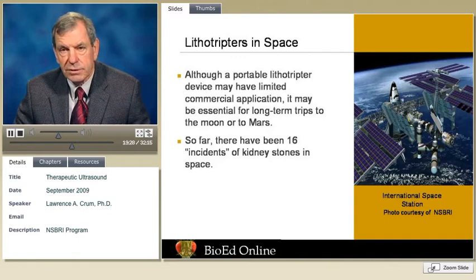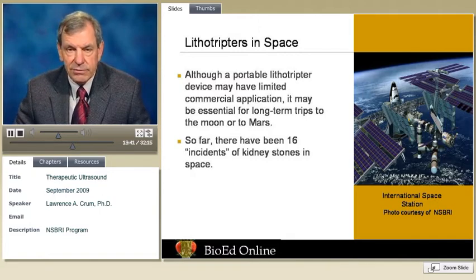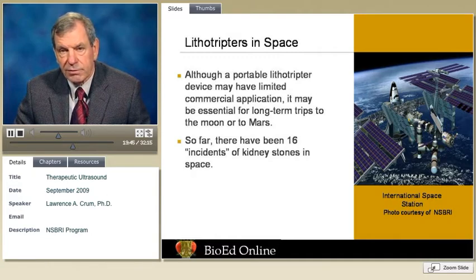And so the National Space Biomedical Research Institute has funded a project in my own laboratory to use ultrasound to find ways of breaking these stones. Now, we can't take a lithotripter to space. They fill a small room, and they probably weigh 3,000 or 4,000 pounds.